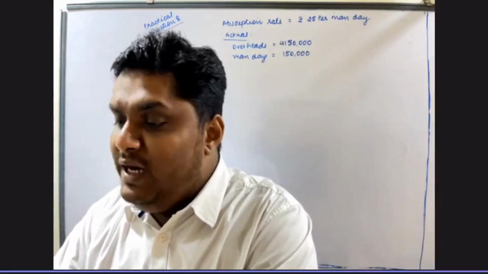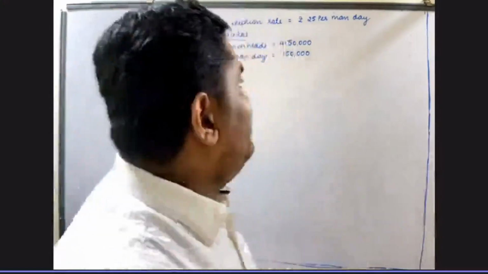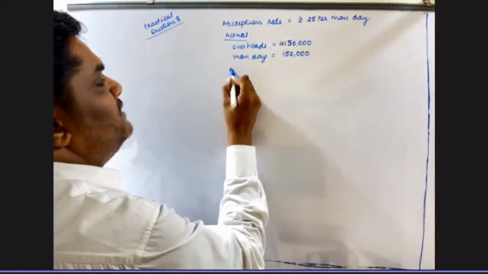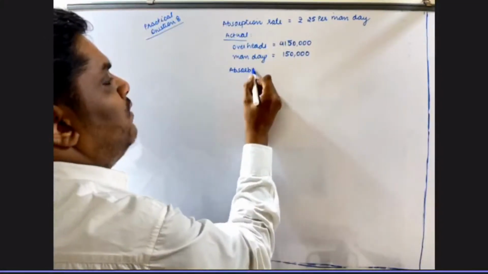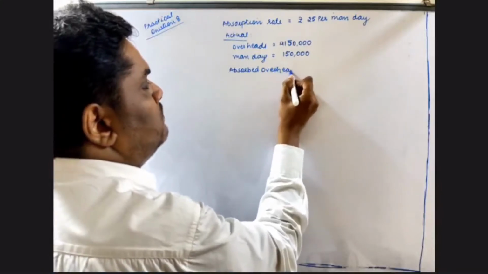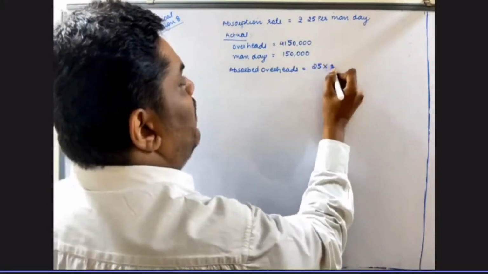Explain how would under-absorbed overheads be treated in cost account. So let's start, guys. When talking about the solution part, we will first calculate the absorbed overheads. This will be 25 into 1,50,000.